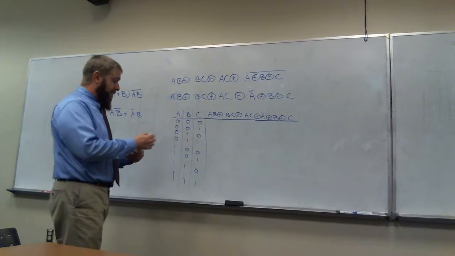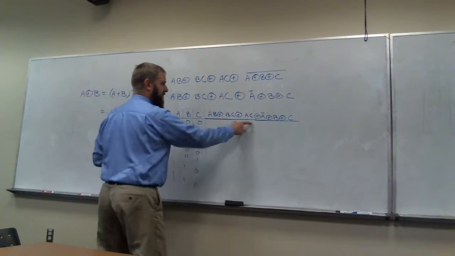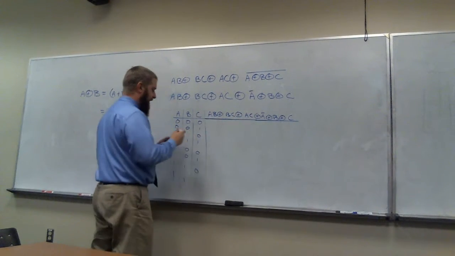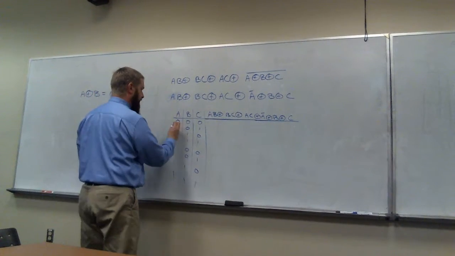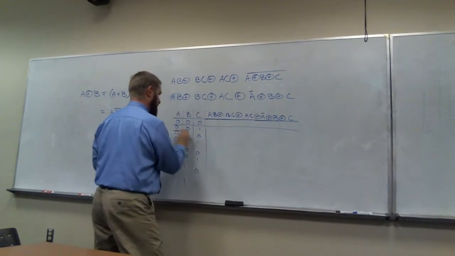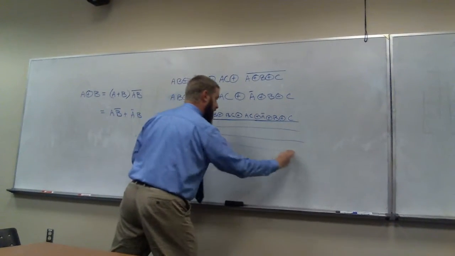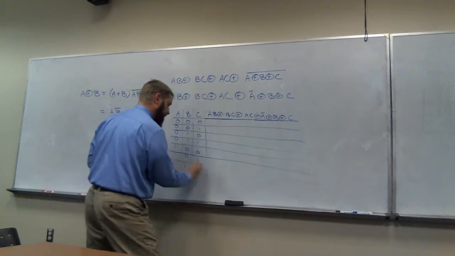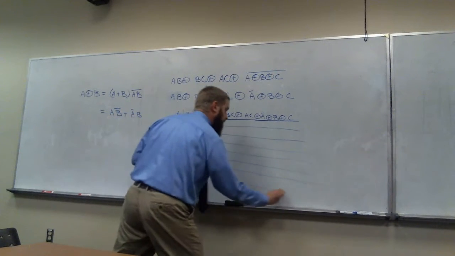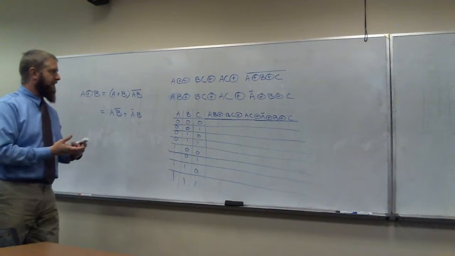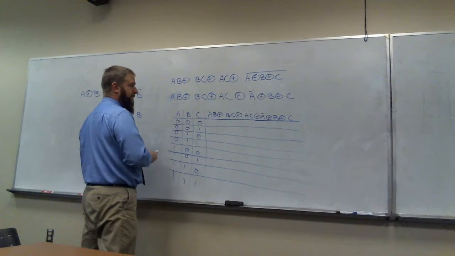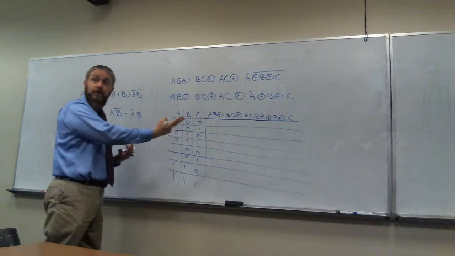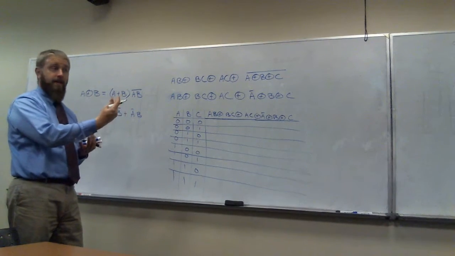All right. Each line, especially with these first few, maybe be a good idea to just write in what their values are equal to, so I don't get myself confused. So let's first evaluate each one of these terms. AB is only going to be equal to 1 when both are 1.